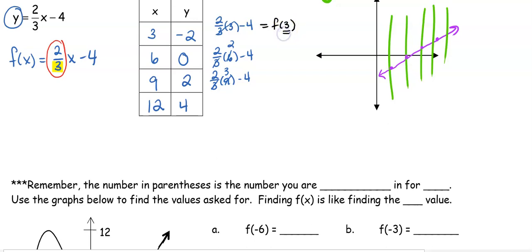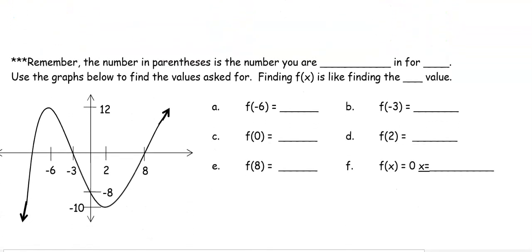I plugged 3 in for the place of x, and I got out the y value. So remember, the number in parentheses is the number that you are plugging in for x. Use the graph below to find the values asked for.